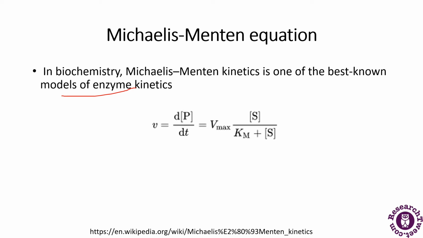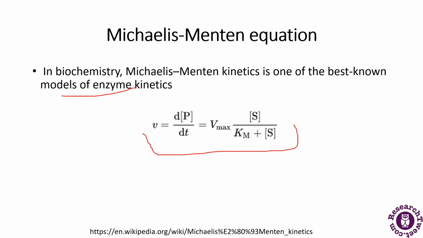This model takes the form of an equation which describes the rate of an enzymatic reaction by relating reaction rate to the concentration of a substrate, and the formula is given as V equals dP by dt, which equals Vmax times S upon Km plus S. This equation is the Michaelis-Menten equation.